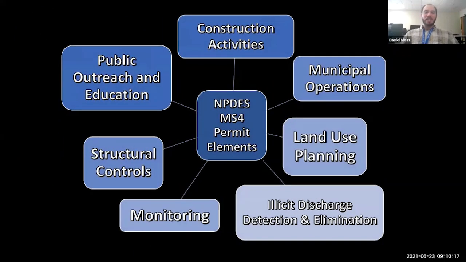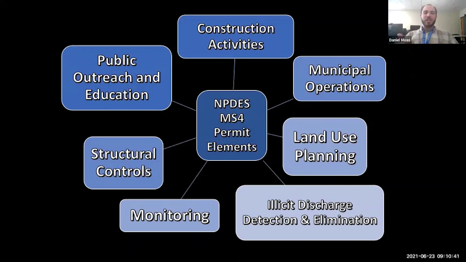All right, so finally, we're getting near the end of our presentation. I'll be talking about the elements of our MS4 permit. And this is again what the Stormwater Permitting Coordination Committee helps administer.